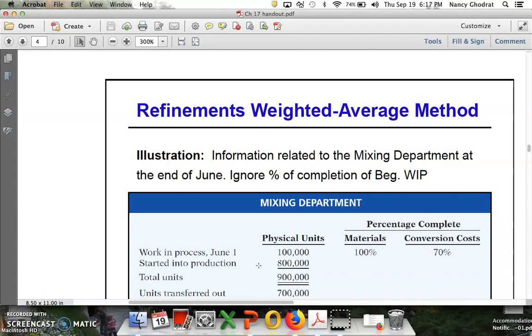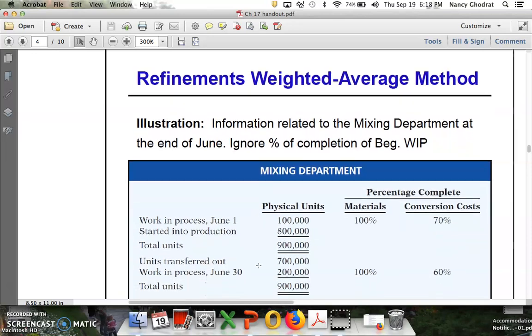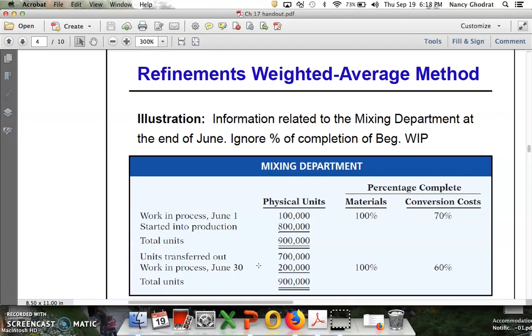Now, if 700,000 of those units were transferred from the mixing department to the next department, that means out of the 900,000 units, 700,000 were finished for this department. Therefore, we still have 200,000 units to keep track of in the ending work in process.